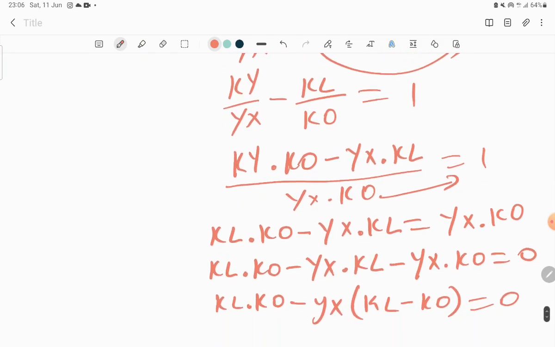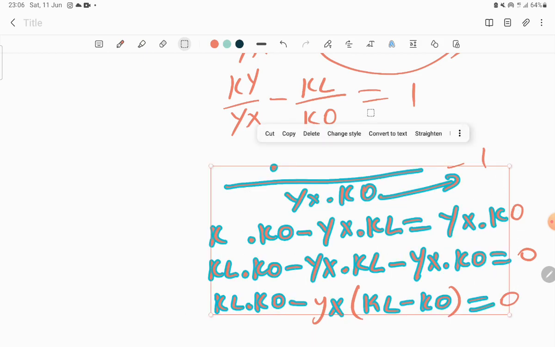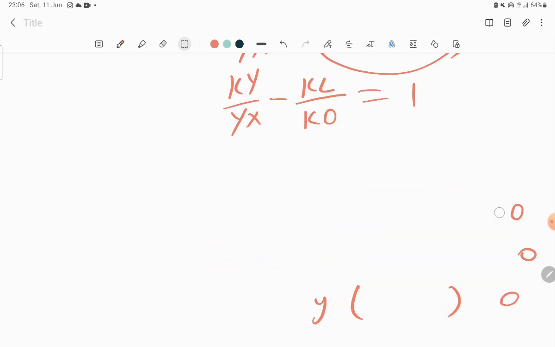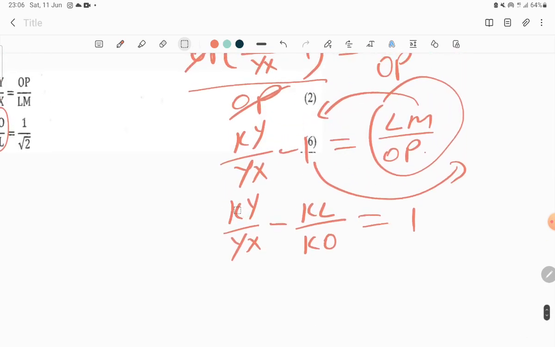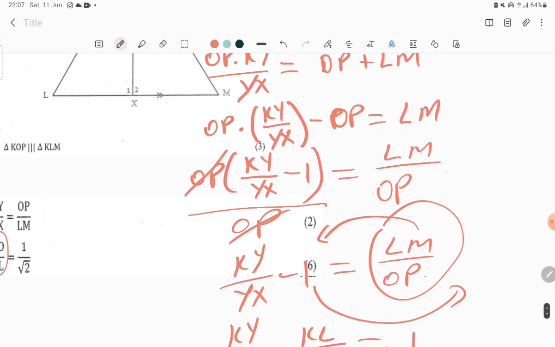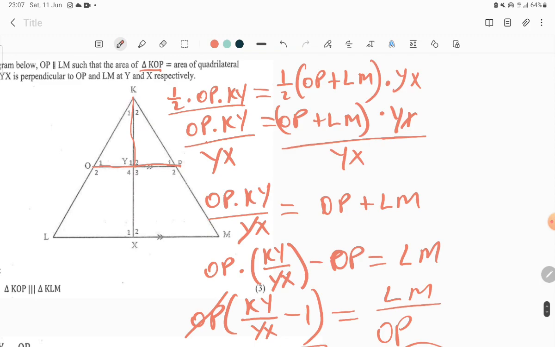That makes it clear, because at the end of the day it will be just shorter. So KY over YX, which is KY over YX, is the same as KO over OL.